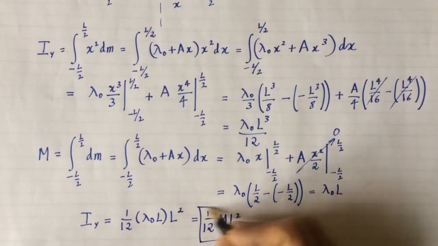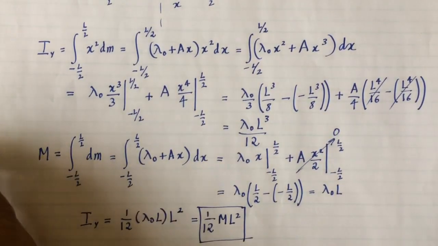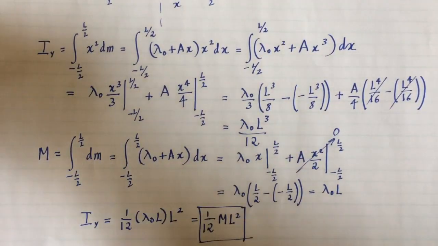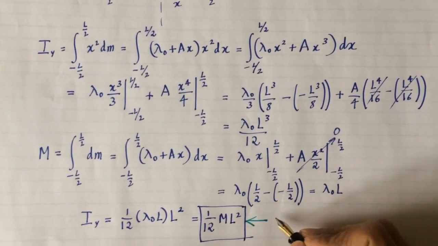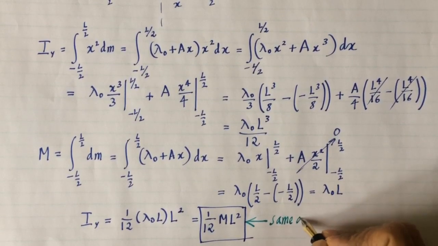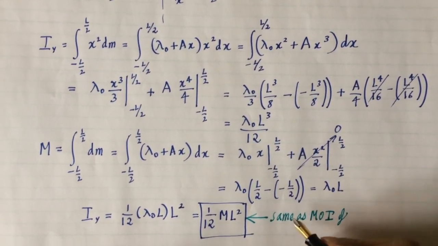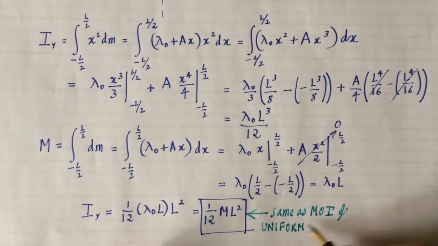So that's a pretty surprising result, I imagine, because this is exactly the moment of inertia of a uniform rod of mass m. So I'll write here, same as moment of inertia of a uniform rod.